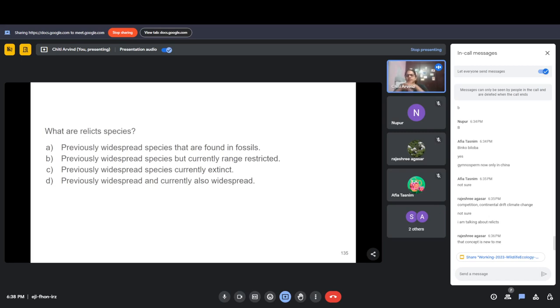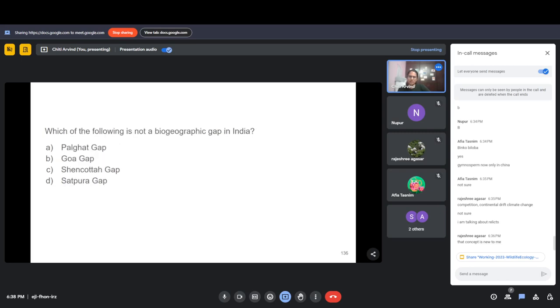So you have a bunch of plants and animals that fall under this category, right? I think there are a couple of examples of butterflies. I'm not sure which is the exact species, but yeah, and even most of these marsupial animals that were found are found in mainland Australia. So that is what relic species are.